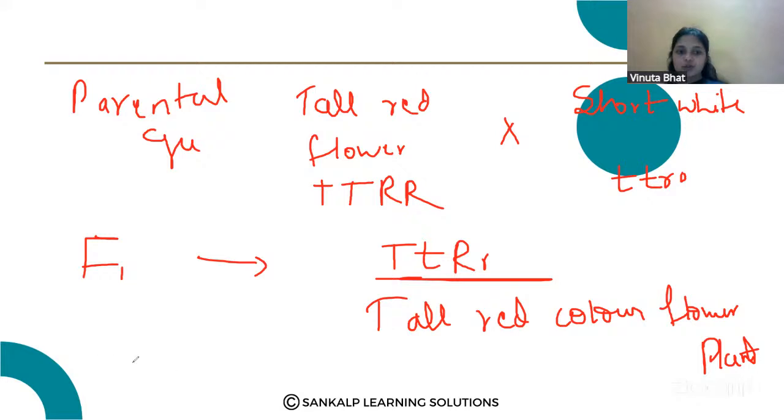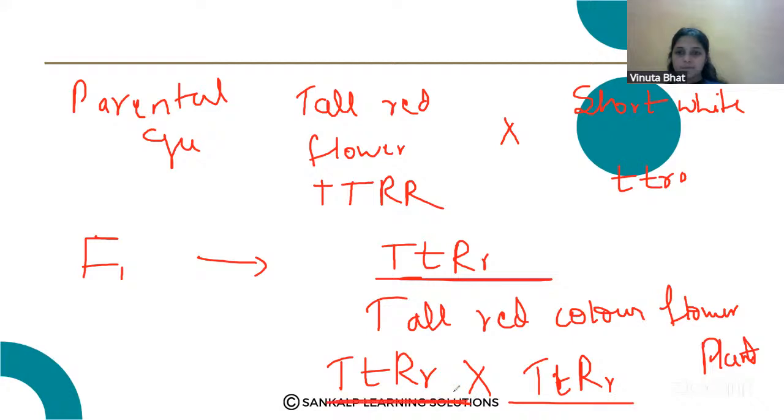Then you should find the F2 generation plants. When capital T, small t, capital R, small r is crossed with capital T, small t, capital R, small r. Okay.